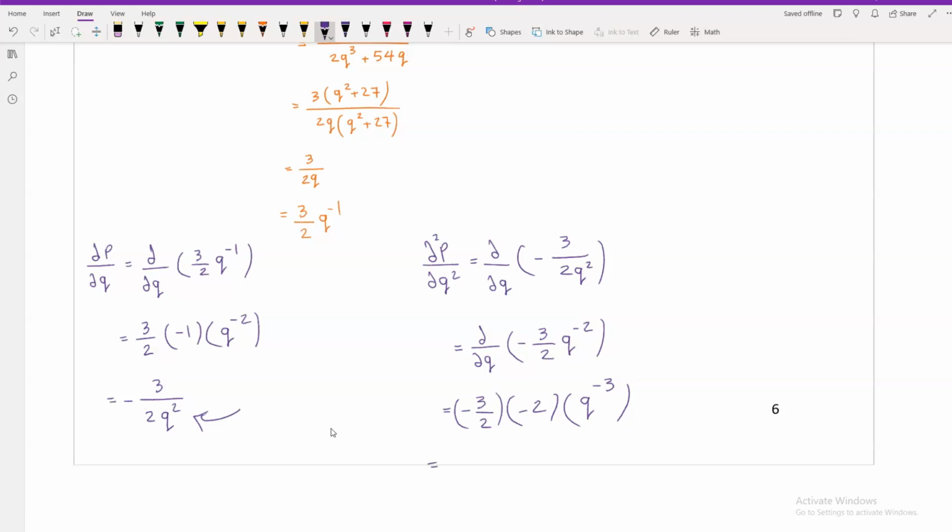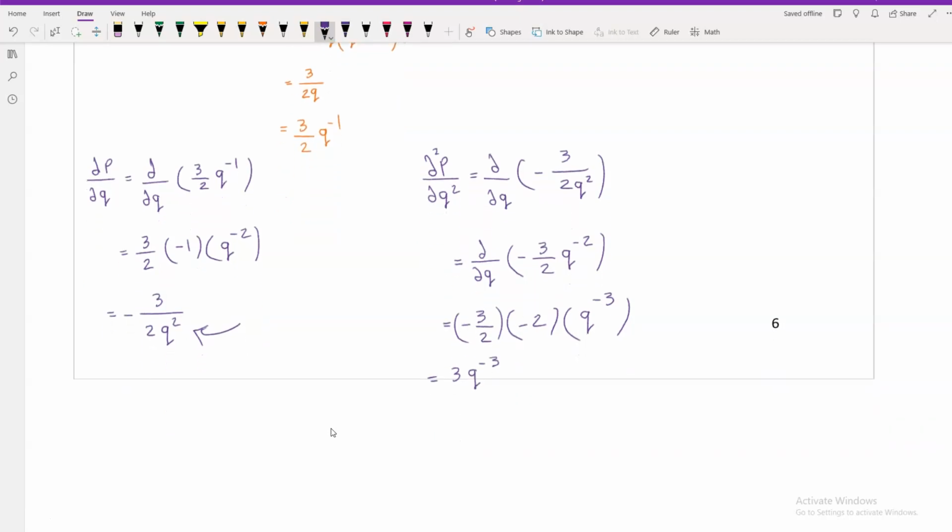Now simplify. So here, negative 3 divided by 2 times negative 2, that is positive 3, times q to the power negative 3. So the final answer is 3 divided by q to the power 3. So this is the final answer for second derivative. And this one was for first derivative.